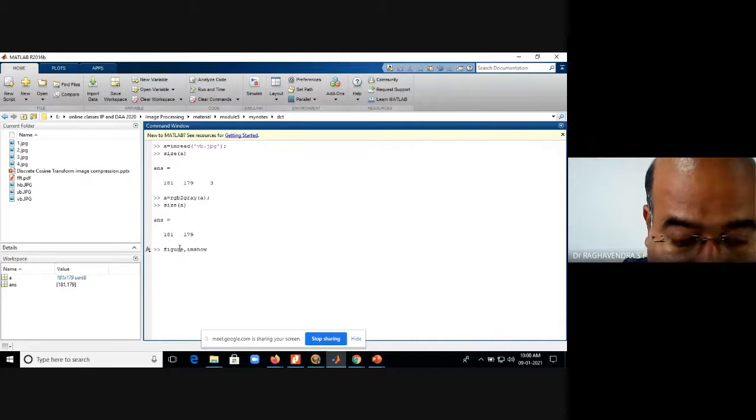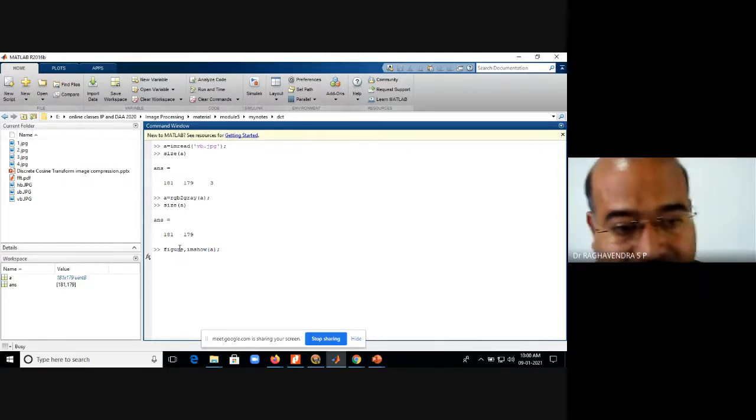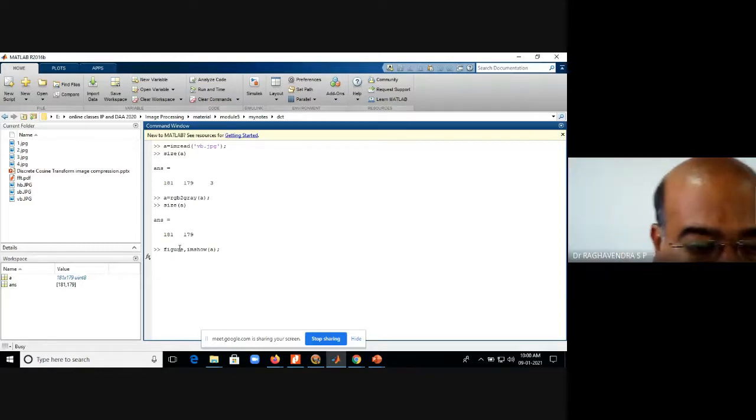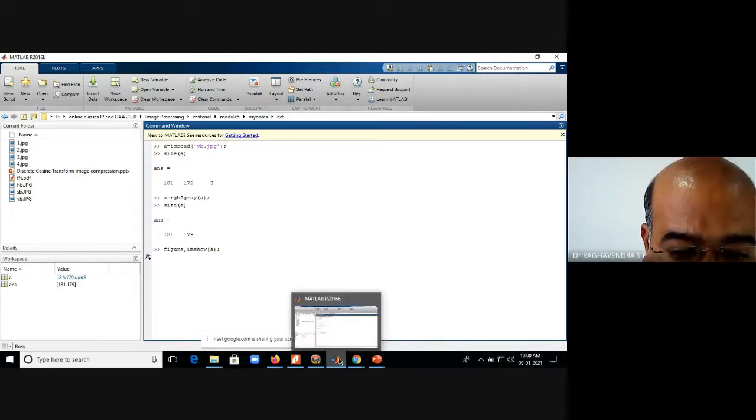Let me show A. If you execute this command, a figure window will be displayed and we can see the content of the image.